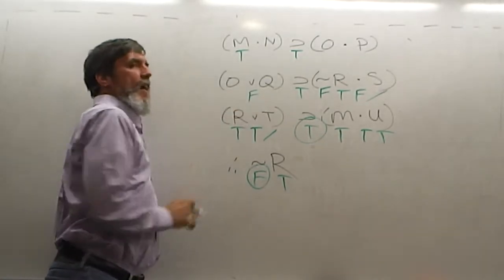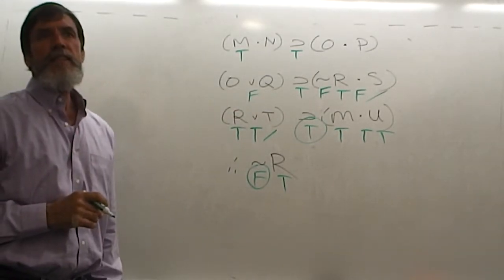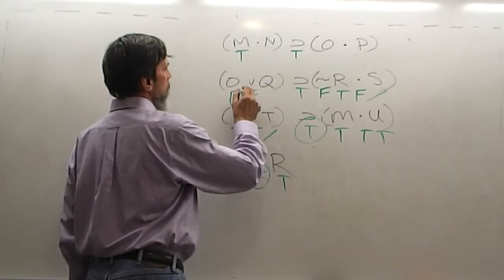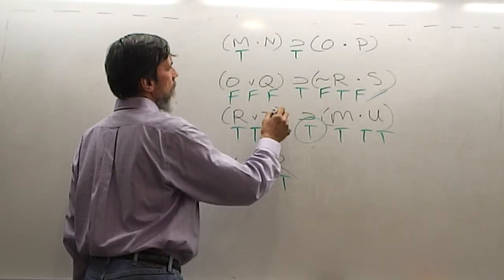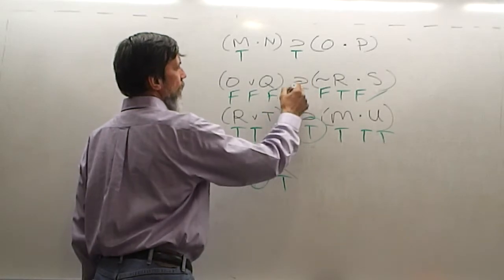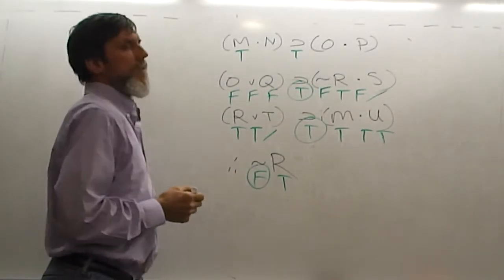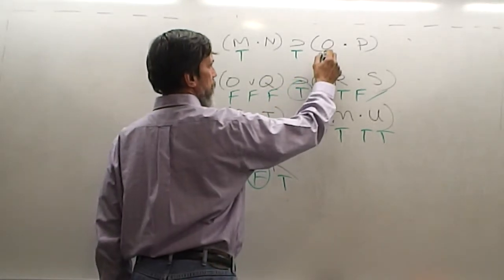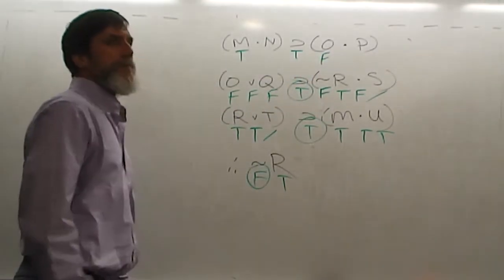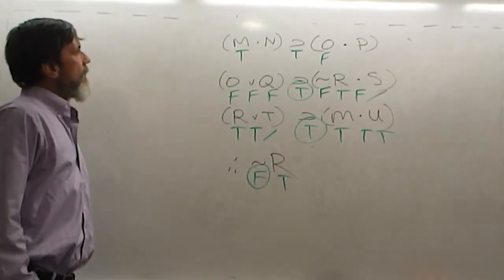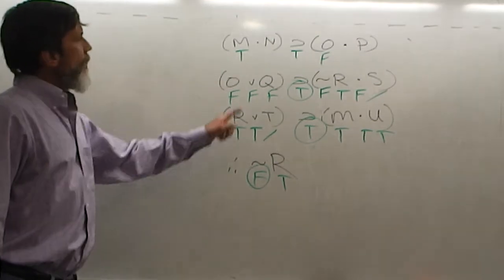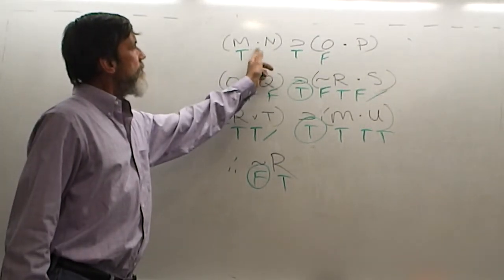It's the only time a wedge is false. Right? I think we're good to go here. Here's an O. I'm going to transfer that truth value there. And now, I don't know anything about this.